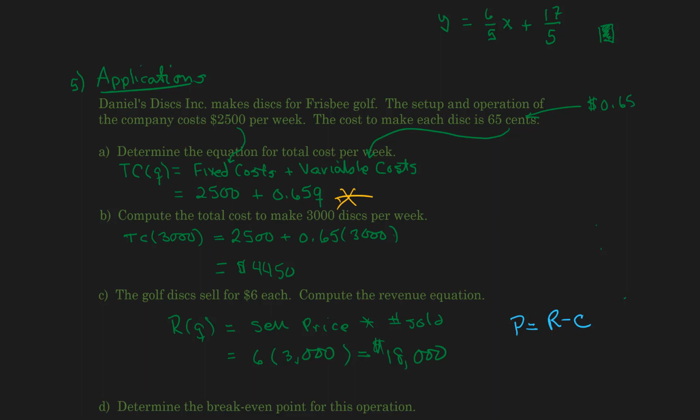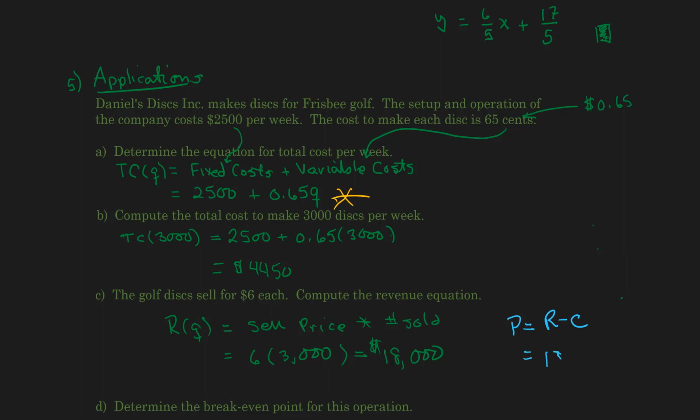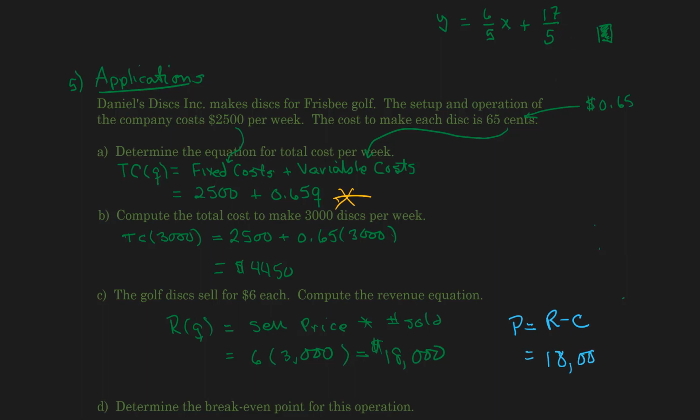In order to get the profit, you take your revenue, which is 18,000, minus your costs of 4,450. And essentially what this is doing is it's saying, okay, we took in $18,000, now we have to pay our bills. And our bills add up to $4,450, which will give us then our profit. Okay, so be careful of that.